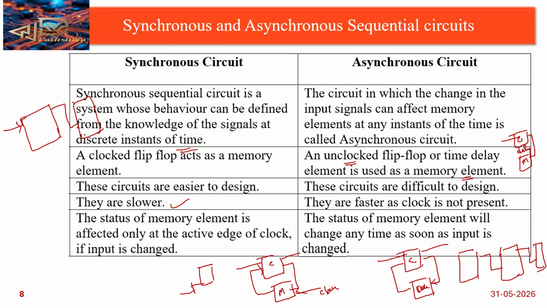See, here the clock is there only once. Then we get the output, and that output is immediately given as a clock, right? So whenever the first response comes, immediately the second response I also get. But in synchronous, I again give the clock here.